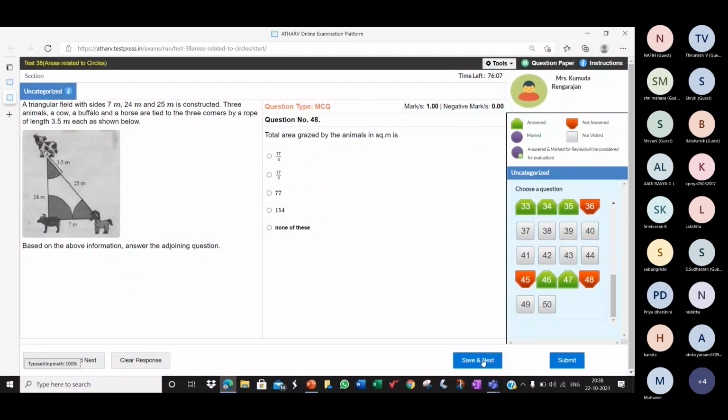Yes, children, next one. Total area grazed by the animals. We have done a question like this in the class, children, just that it is asked in MCQ style here.